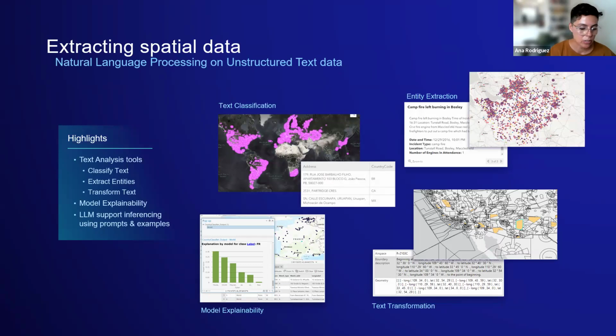So we're now seeing the emergence of these LLMs like ChatGPT, of course, that can be prompted, or given a few examples, to perform a task or answer questions for us. So we're integrating these models within ArcGIS so you can use them to extract information without needing to train these custom models yourself. Some examples of that are text classification, so maybe you want to assign a block of text to a label or a category.